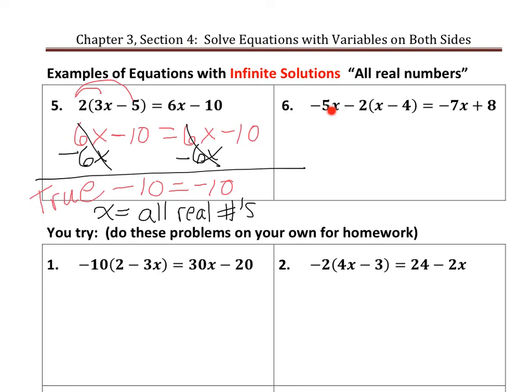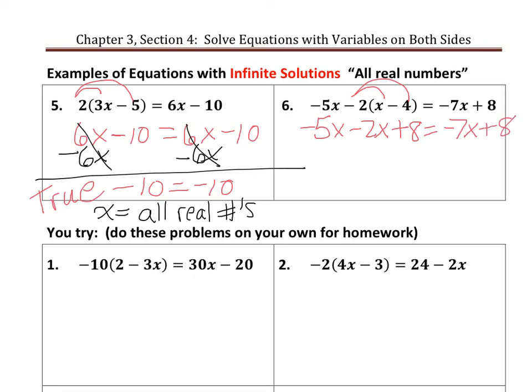Remember, try to get rid of parentheses first with the distributive property. So I'm going to remind myself of that here. Negative 5x, can't deal with that yet. Think of this here, the subtract 2, is really a negative 2. So negative 2 times x is negative 2x. Negative 2 times a negative 4 is positive 8.